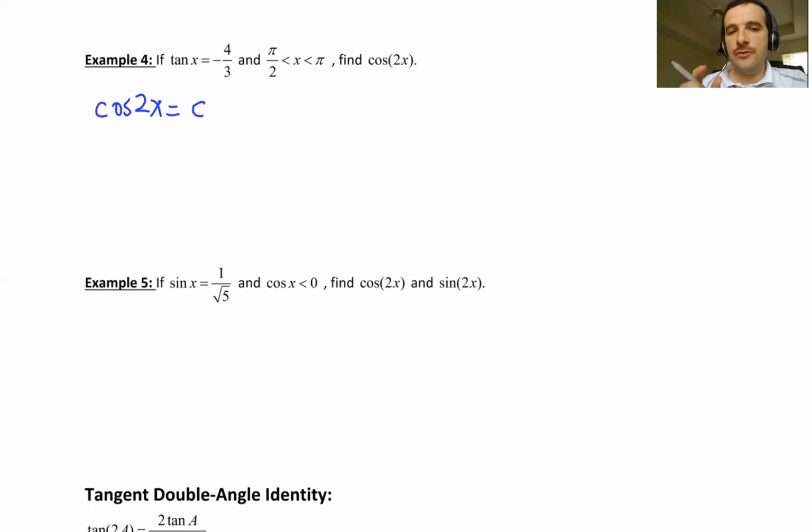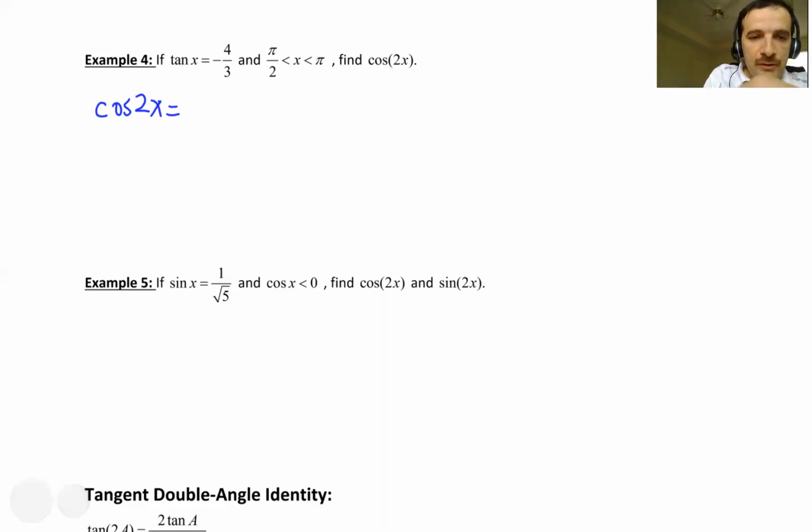The first formula has cosine squared x minus sine squared x. If you want to use it, we need to find both cosine and sine, so this can be time consuming. Instead, I can use one of the other two, because they don't have both cosine and sine; they have either cosine or sine.